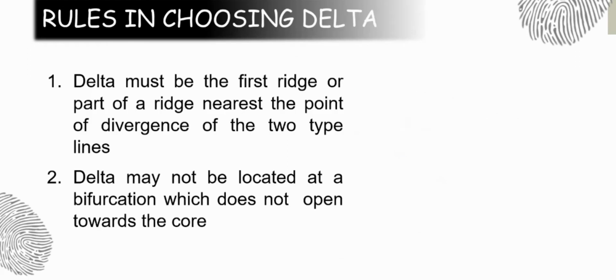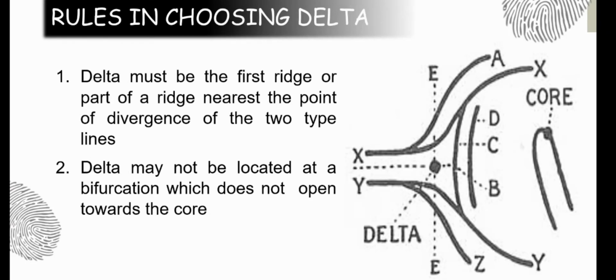So let's proceed to the rules in choosing the delta. The first one: the delta must be the first ridge or part of the ridge nearest to the point of divergence of the two type lines. So X and Y are considered to be type lines.